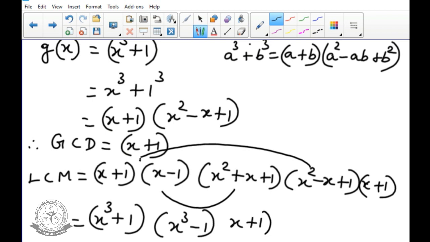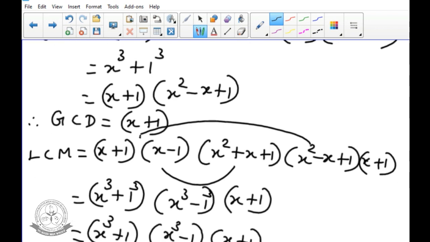The remaining common term is x plus 1. Next one, 1 we write as 1 cube, here also 1 cube. So again we get x cube plus 1 into x cube minus 1 into x plus 1.